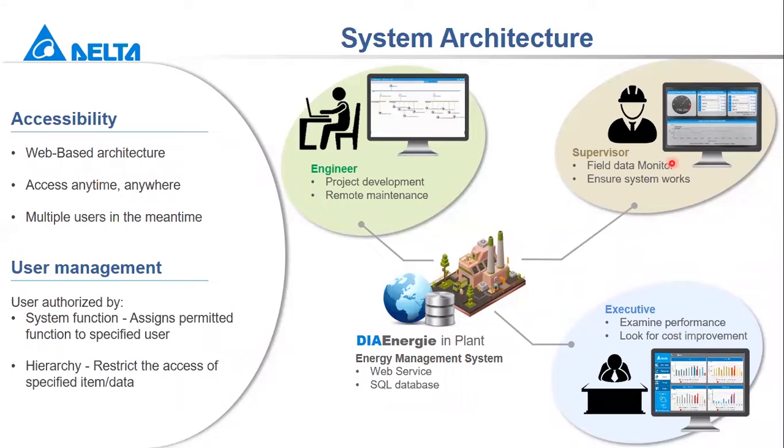And for the supervisor, maybe they focus on the field data monitoring or ensuring the system is working, so maybe his authority will be higher. And for the management, maybe they focus on the indicators, the performance, and looking for cost improvement. So different layers will have different authorizations. It can be set from the system.